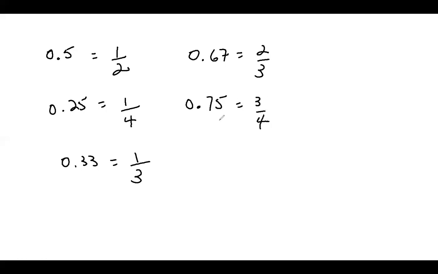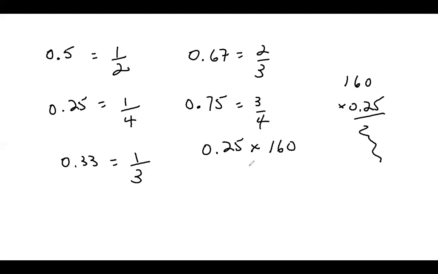So here are some of the more common ones where it can be to your advantage to change this to a fraction to make the math easier, right? That's our goal, make the math easy. So for example, if we have 0.25 times 160, some people might be able to do this just by looking at it. Others might take 160 and multiply it by 0.25 and do that whole calculation.